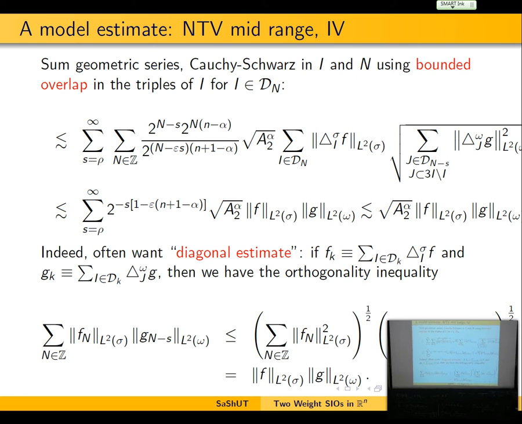Essentially, we always have to go back to this kind of diagonal thing. If you are doing the square matrix brutally, we don't know how to do it. We always have to decompose so that in one way or another, we get into this diagonal type thing. And here, it's essentially diagonal because we have bounded overlap, so it's the same.